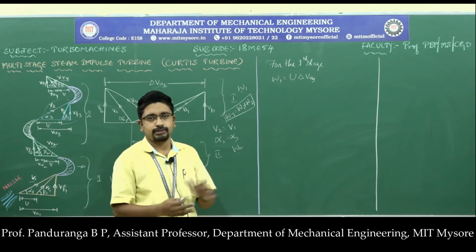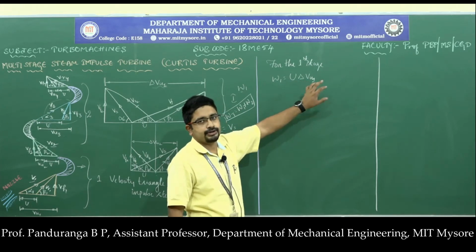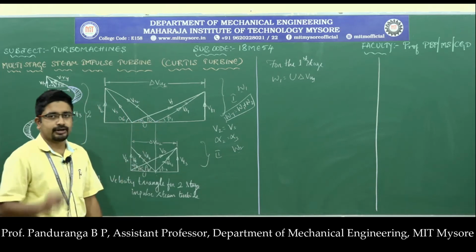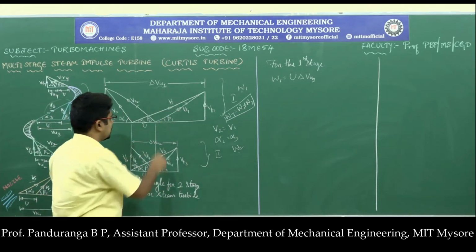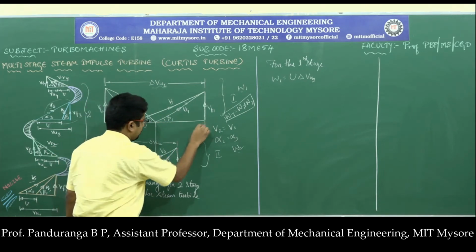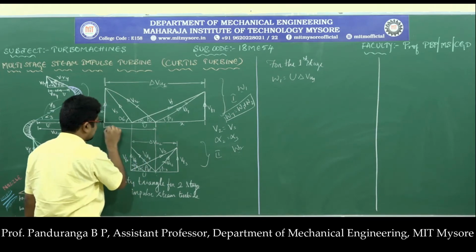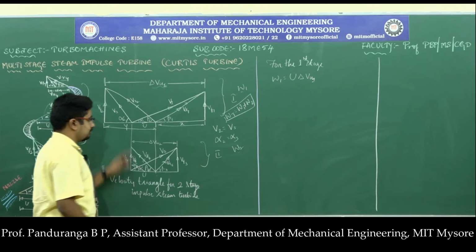But since we are dealing with multiple stages, for the first stage I will call it delta VU1. From the inlet velocity triangle, as we have done for the single stage, I can write delta VU1 as the sum of these two components, x and y. So this is my x and y.